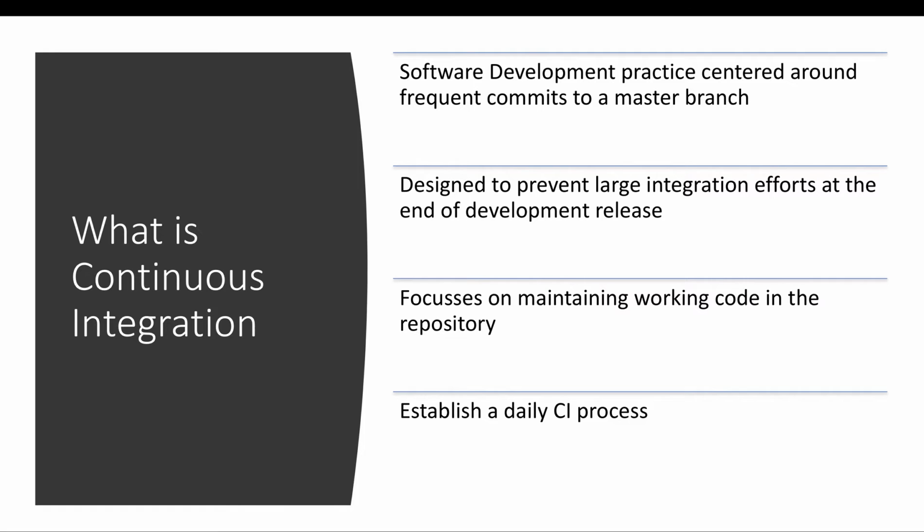And it is always better to fail fast to fix these issues early, because when 10 developers integrate code in the end, it will become a pain, and moreover you would be close to the release cycle during that time. And we should always aim to establish a daily continuous integration process, wherein something can do nightly builds, something can do on demand testing of your code, and things like that.